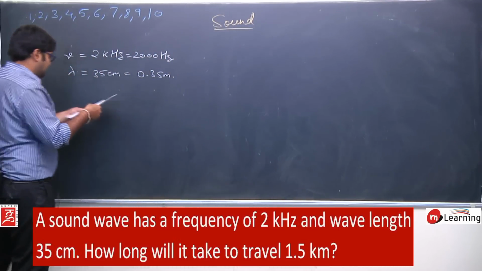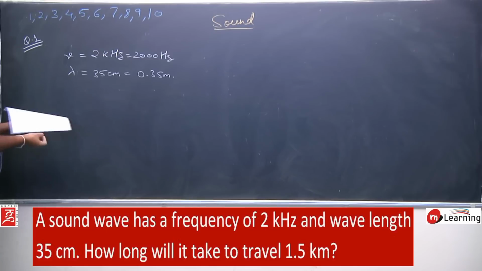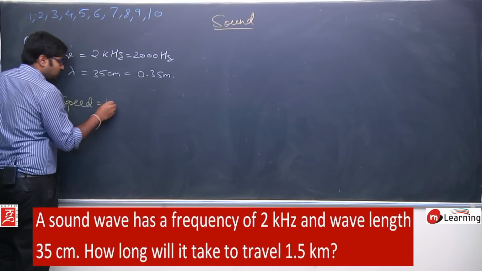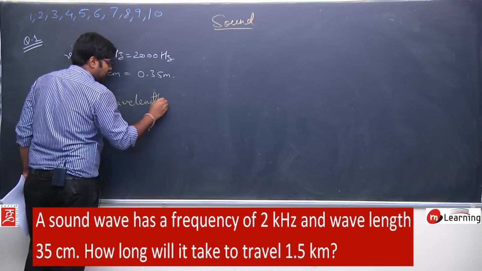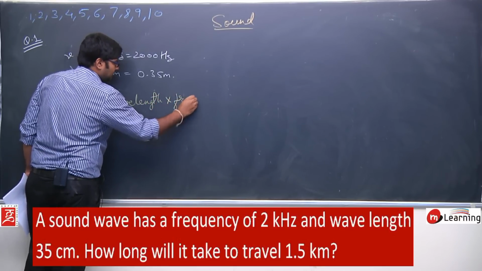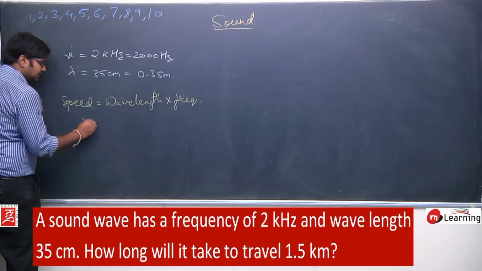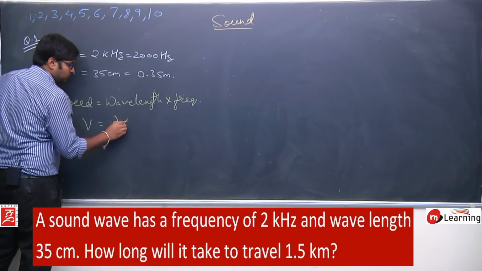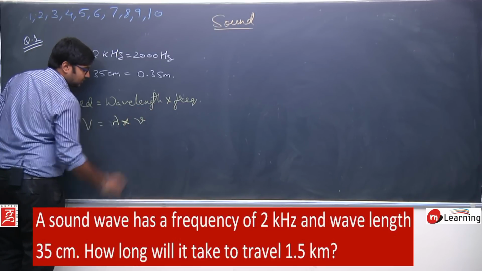We know a formula to calculate the velocity: speed is equal to wavelength times frequency. That is, v is equal to wavelength, lambda, into frequency. Frequency is denoted by this nu.